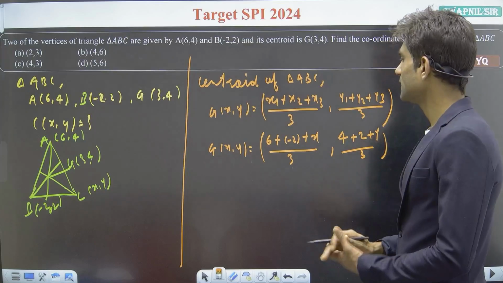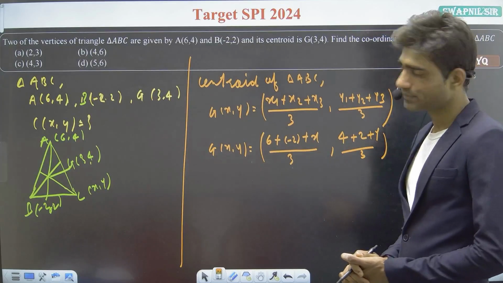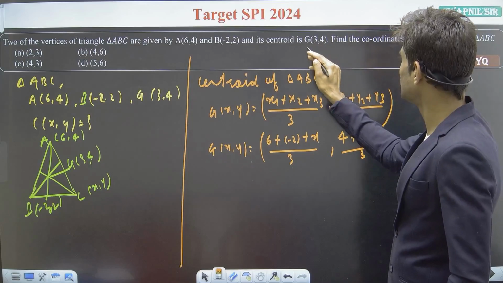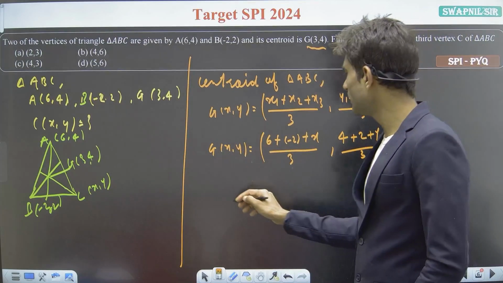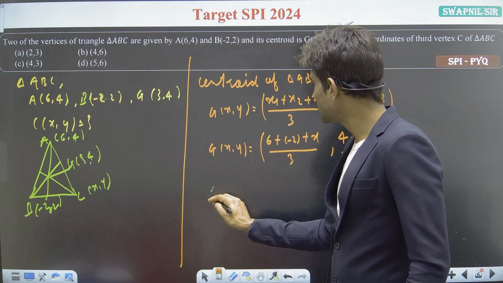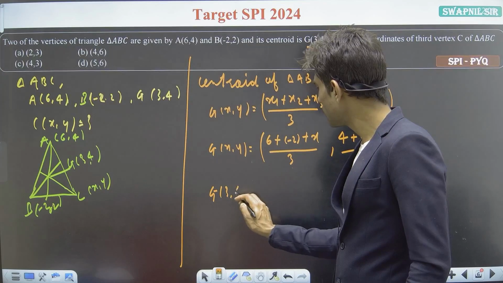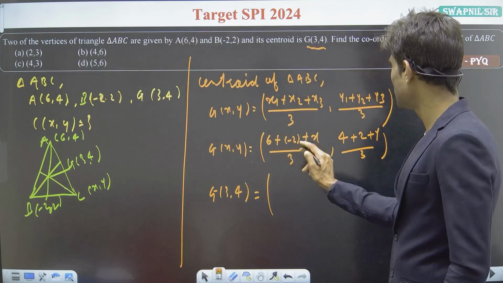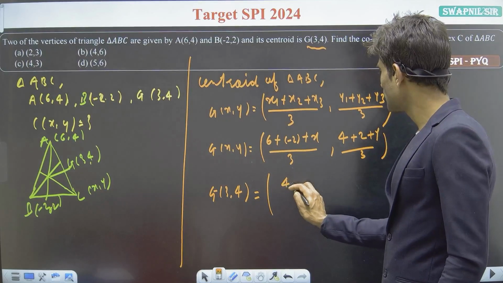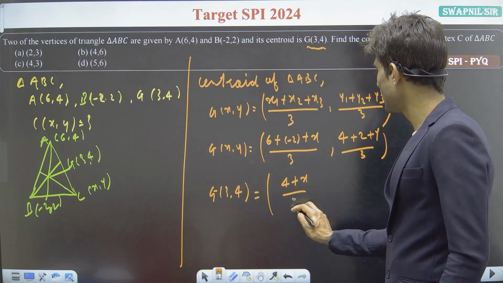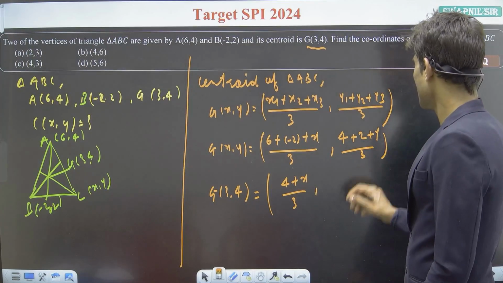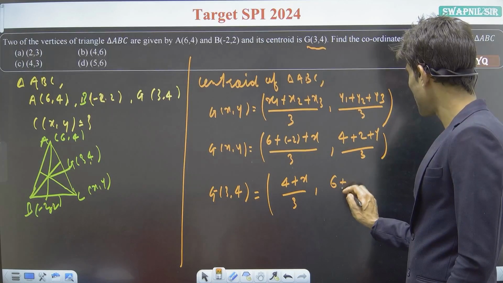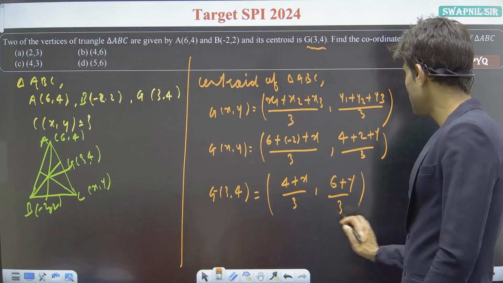This one is the next coordinate here. As we have the centroid also given, G of 3, 4, put this value here. So we write G of 3, 4, which is equal to 6 minus 2, which is 4, plus x, so 4 plus x divided by 3. And 4 plus 2, which is 6, so 6 plus y divided by 3.